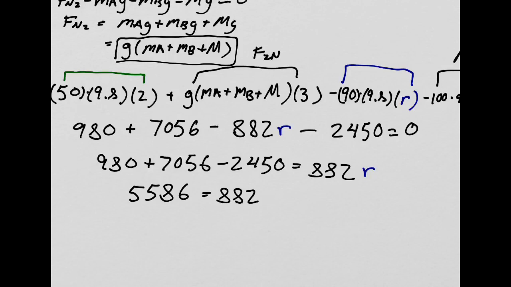So that means that blue R equals 5586 divided by 882, which is 6.3 meters.